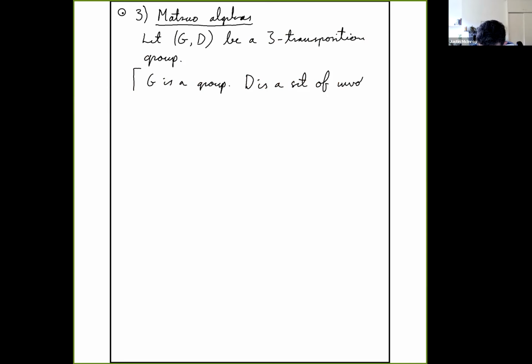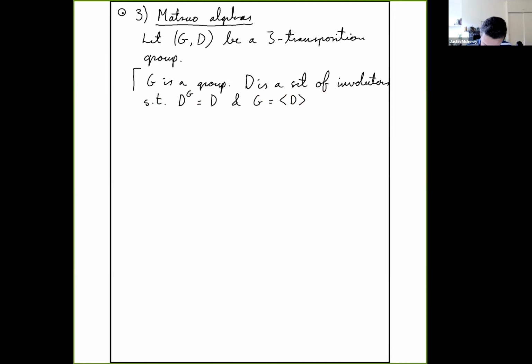That's elements of order 2, such that if I conjugate D by any element of G, this is just going to preserve D, so I don't get any new ones. And I'm going to require that G is generated by D. So there are a set of involutions which generate G.